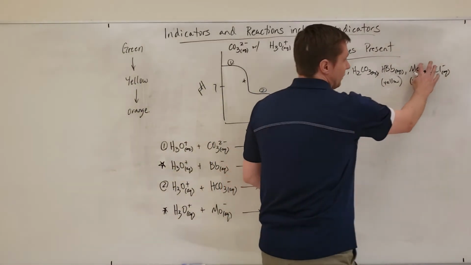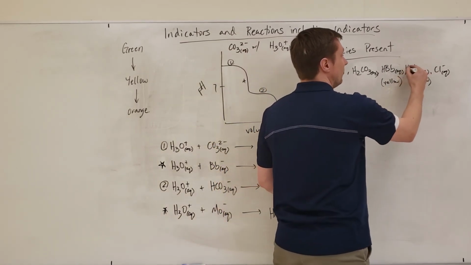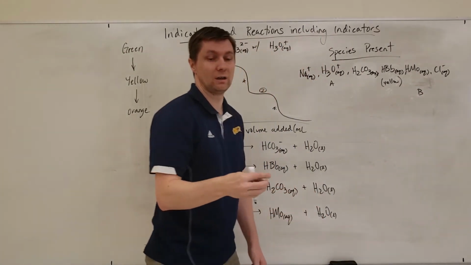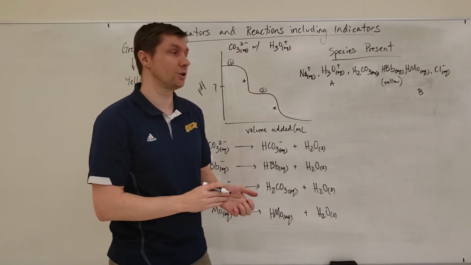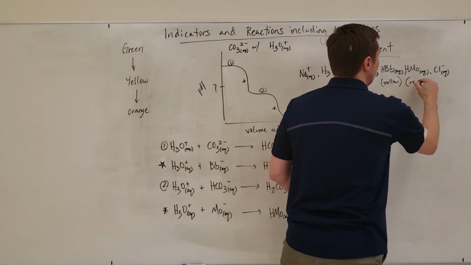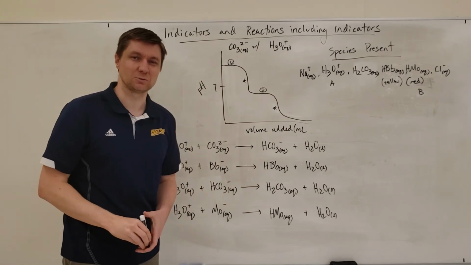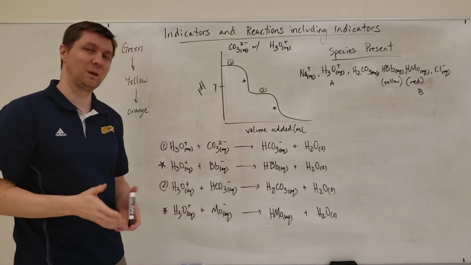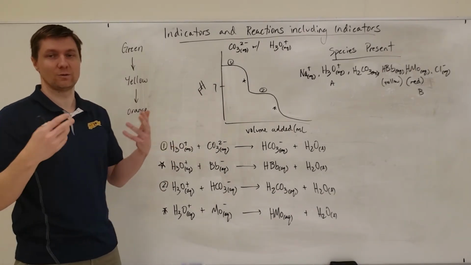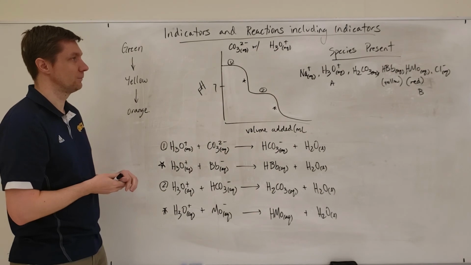Once all of the MO- is reacted making HMO, I'm going to have that molecule instead. If you look in your acid-base indicator chart, you'll see that HMO is a red color. This methyl orange is a bit of a pinkish red, so that's why we got this pinkish orange color, but yellow plus red gives us orange, and that's what we're illustrating here with this demonstration.